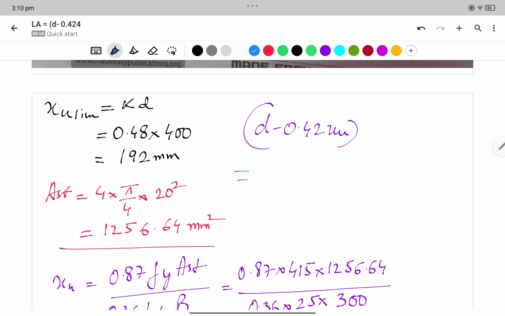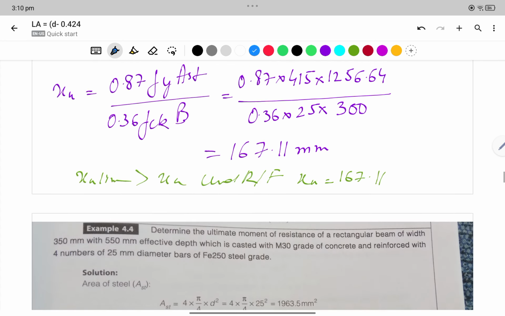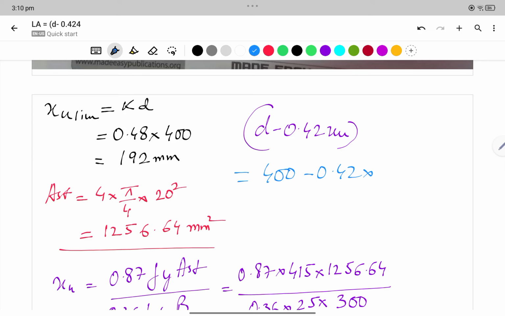Here d is taken as 400 minus 0.42 into XU, which is 167.11, and that is equal to 330.48 mm. This is the lever arm.